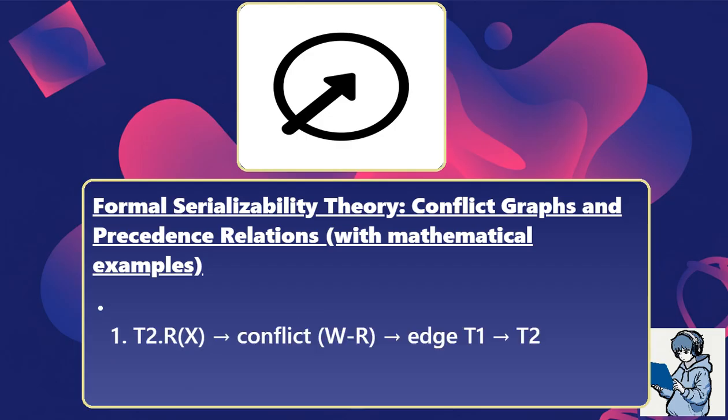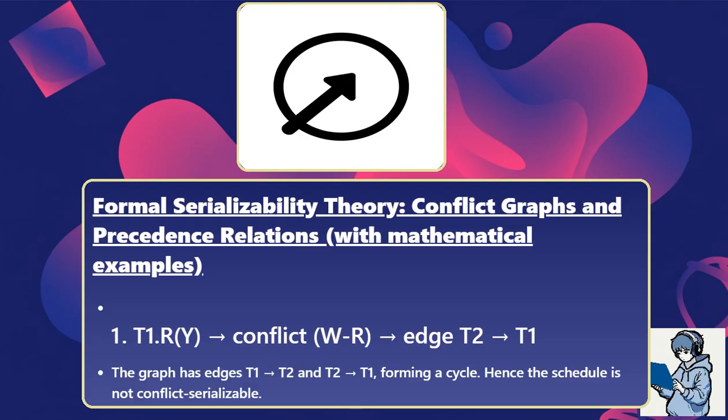Step 2, T2.R(X) leads to conflict write-read, leads to edge T1 → T2. Step 3, T2.W(Y). Step 4, T1.R(Y) leads to conflict write-read, leads to edge T2 → T1.